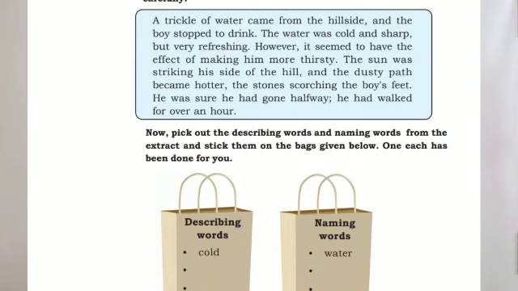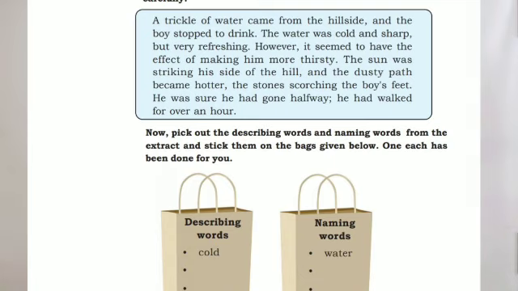Now you want to do an activity. Activity 12B. You can see a passage or extract taken from our story, How Far is the River? A trickle of water came from the hillside and the boy stopped to drink. The water was cold and sharp, but very refreshing.